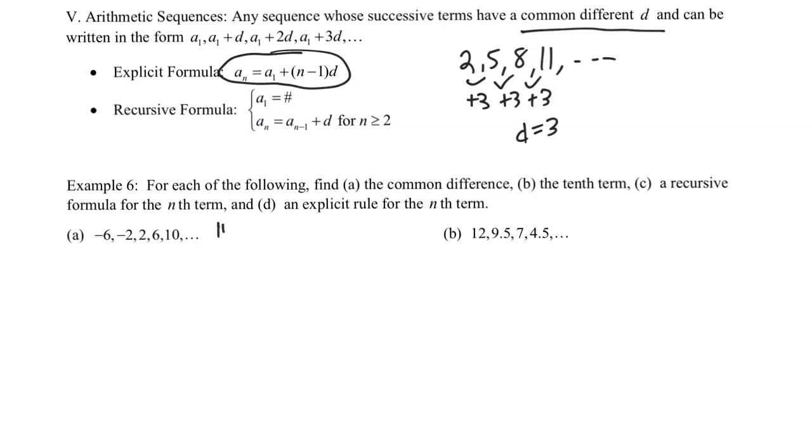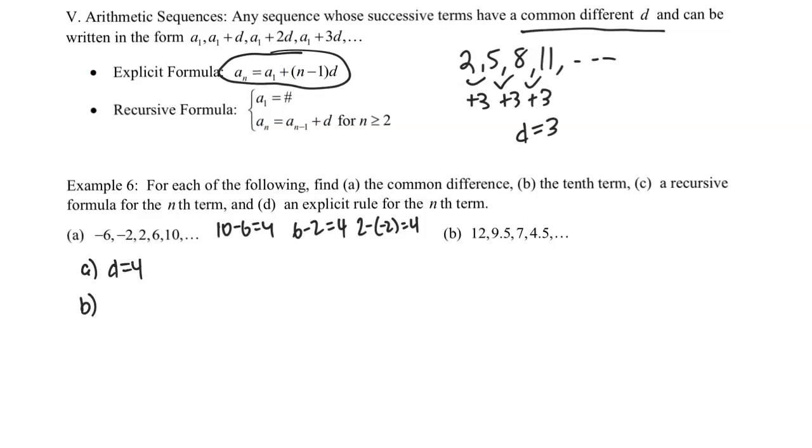If I take 10 minus 6, I get 4. If I take 6 and subtract the term before that, I also get 4. If I take 2 and subtract -2, that is also 4. No matter which term I take, if I subtract the previous term, in all scenarios I get a common difference of 4.